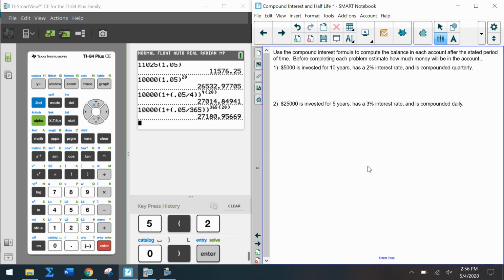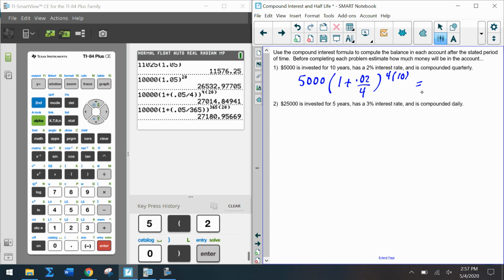Okay, so we're going to do these 2 examples. Let's see what we can plug in. We have $5,000 invested for 10 years at a 2% interest rate, so 1 plus r over n, compounded quarterly, 4 times a year, and it's going to be for 10 years. So why don't you plug your stuff into the calculator for that one and see what you get.